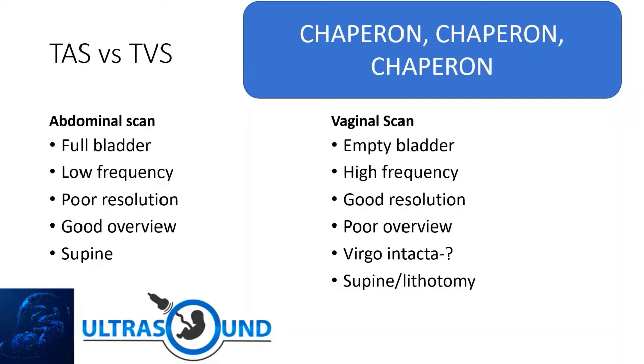But if you do a TAS, you will be able to see the mass extending up to the umbilical region. And for vaginal scan, how about those who are virgins? It will be difficult to perform a vaginal scan. The position will be supine or lithotomy, and most of the time you will require a pillow under the buttock.